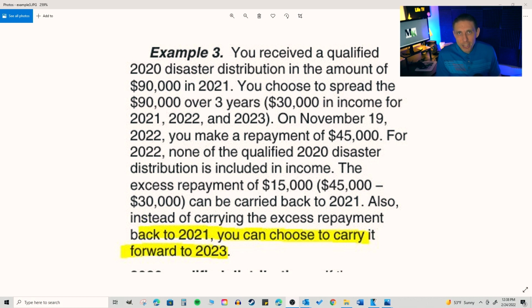And let's just say, once again, you make that payment in November of this year, after the due dates and after the extension deadline. So how do you treat that excess $10,000? The excess $10,000, you can carry it back to a previous year, like 2020 or 2021, or you can carry it forward into tax year 2022. It's up to you. It's whatever makes the most sense for you. And I would say lean on whatever year you had the most income in or expect to have the most income in.